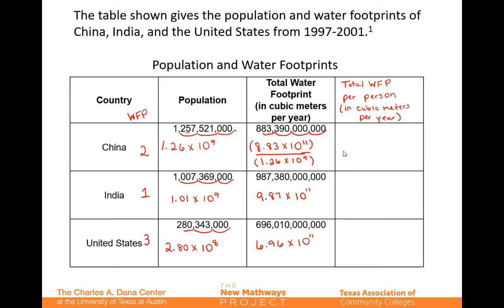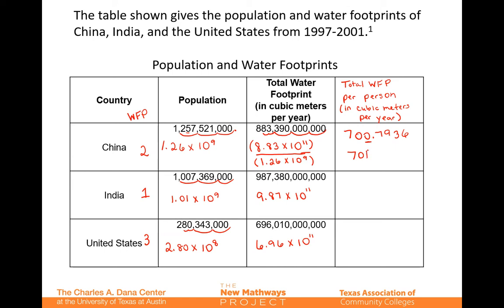Divided by 1.26 times 10 to the 9th. This came out to be, on my calculator, 700.79. You get lots of places, but let's just round to the nearest whole number. This is 701.